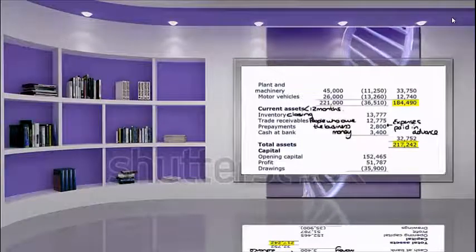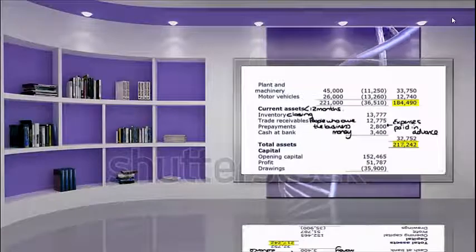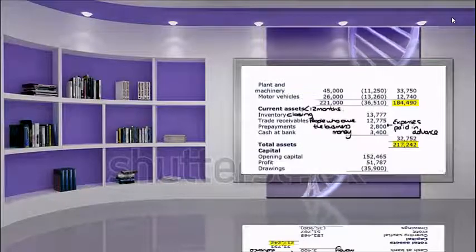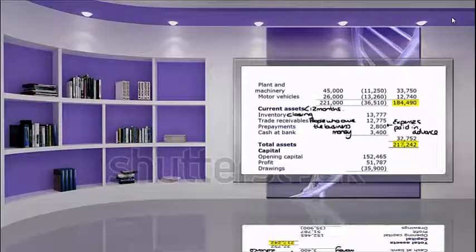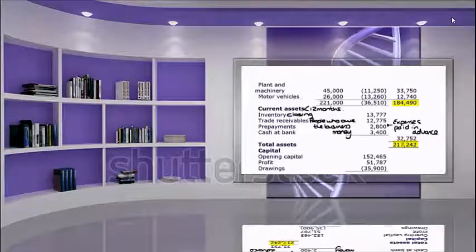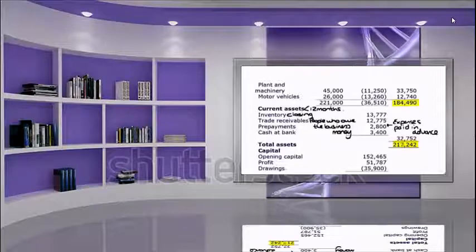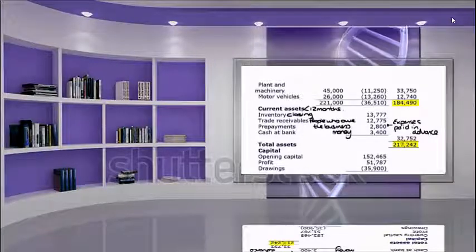And notice we've underlined 217242 because essentially we have done with the top half of the statement of financial position. All your assets, everything that the business owns.